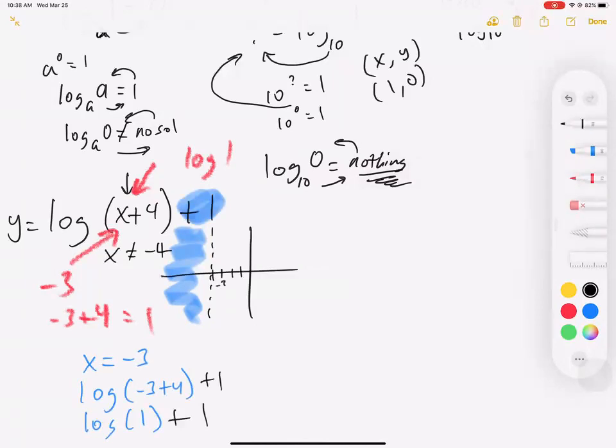So at -3, our y value is actually 1. And this graph slightly changes by moving up by 1. So it's the same graph. We should have been over here, but we got moved up by 1 because of that plus 1.